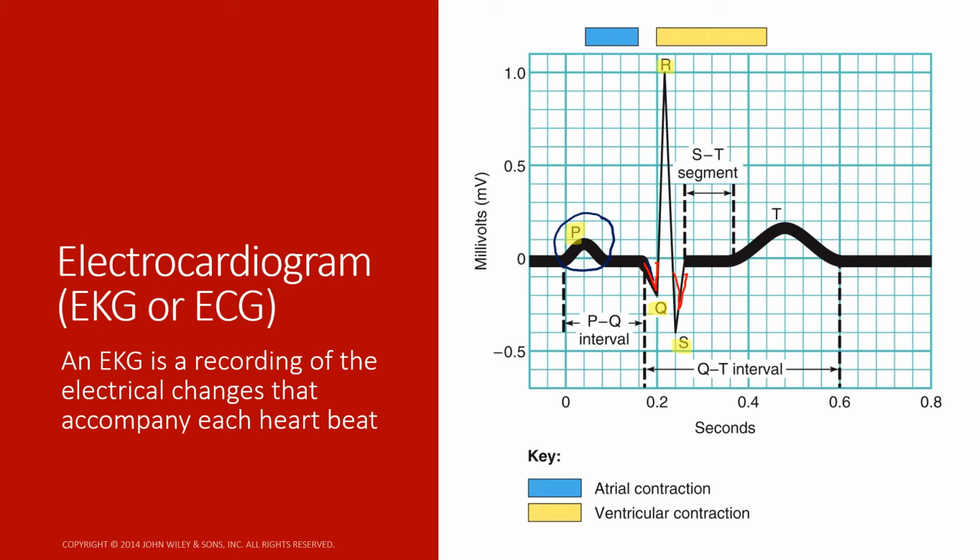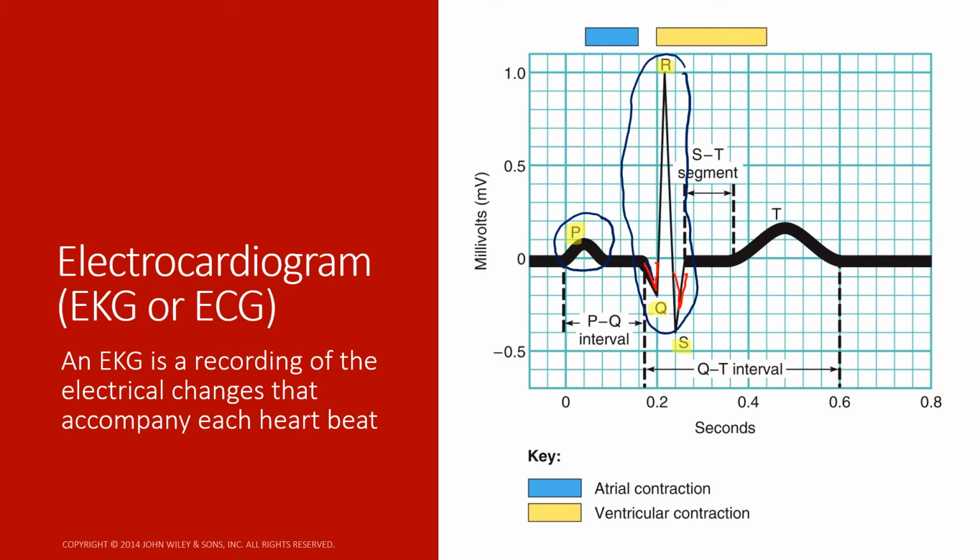So pretty much this whole section here is our QRS complex. Now this complex represents very rapid ventricular depolarization. So this is as the action potential spreads through the ventricular contractile fibers.